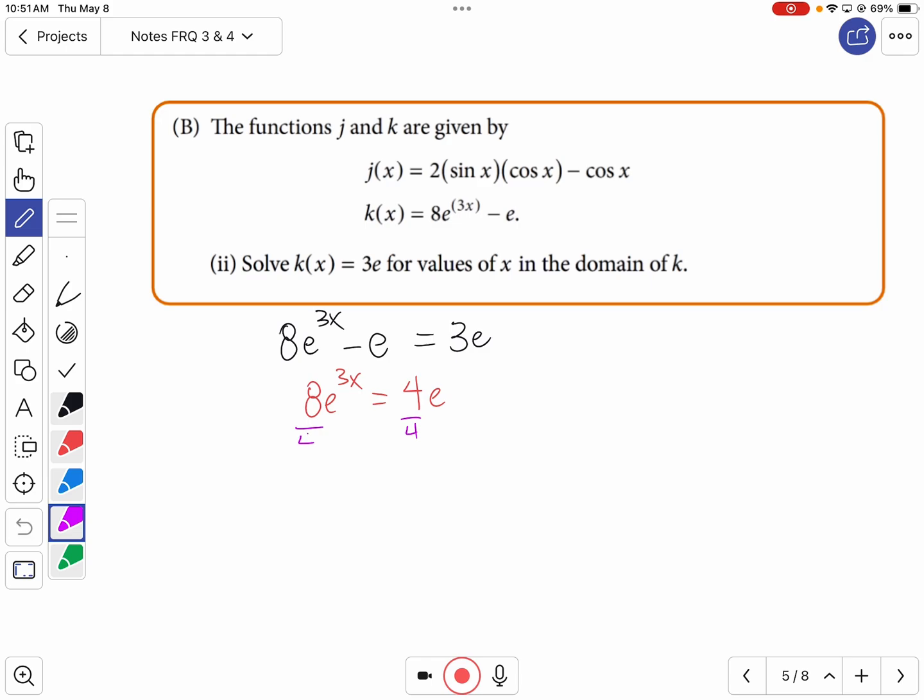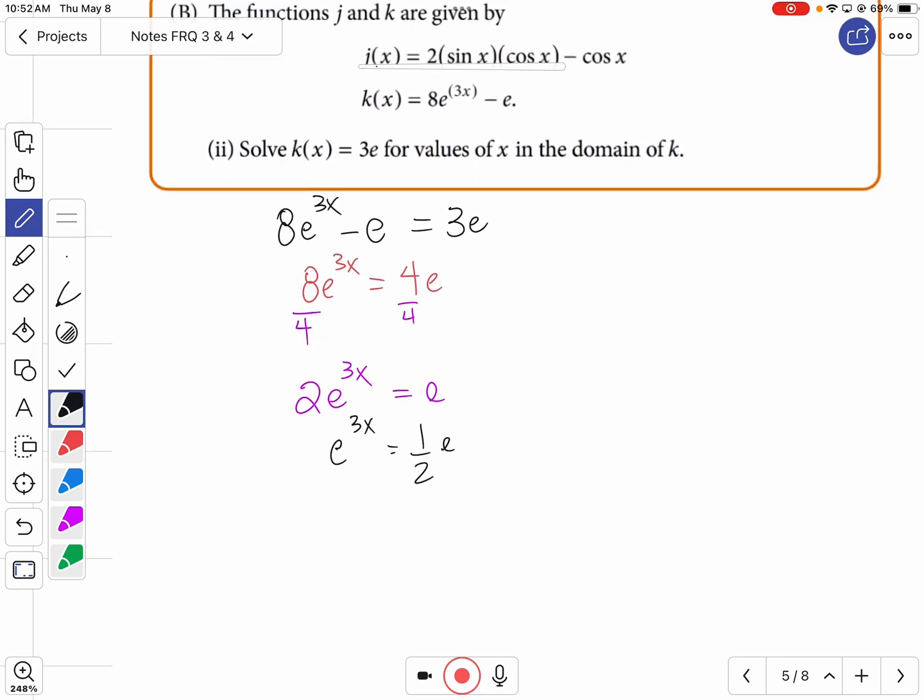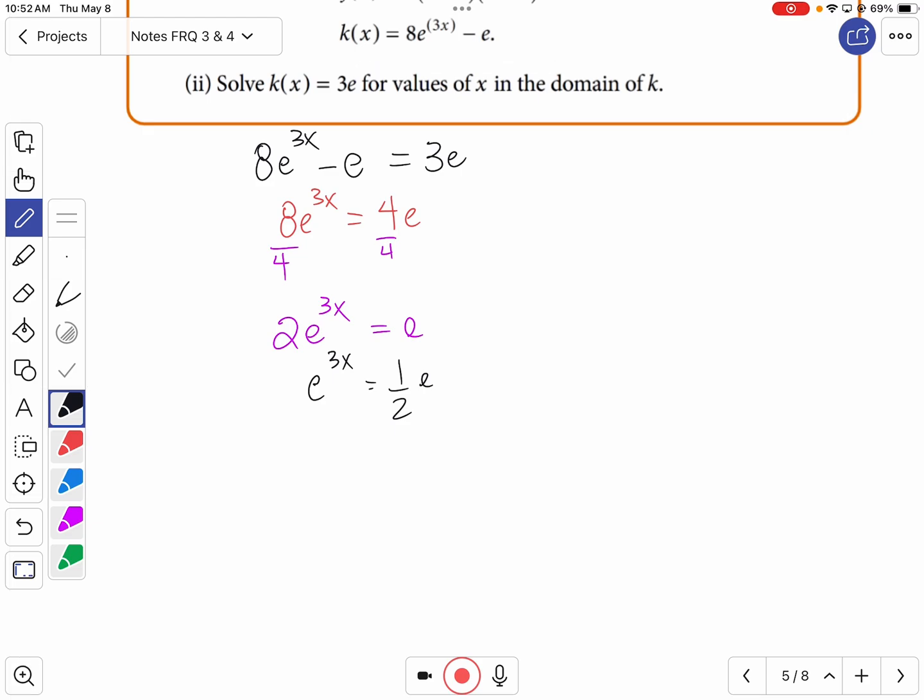So that gives me 2e to the 3x equals an e. I guess it wouldn't have mattered because I need to move that 2 over anyway. So e to the 3x equals 1/2 e, or the e over 2. Doesn't matter. So I got an e on each side.